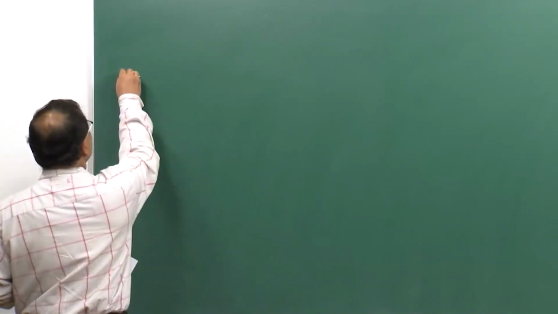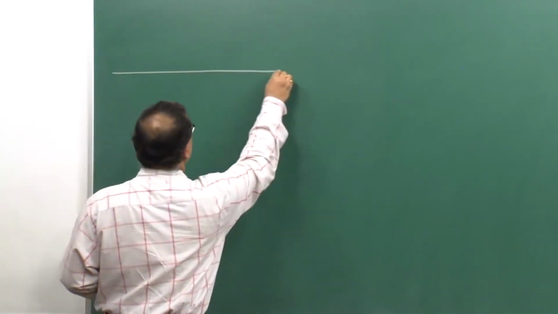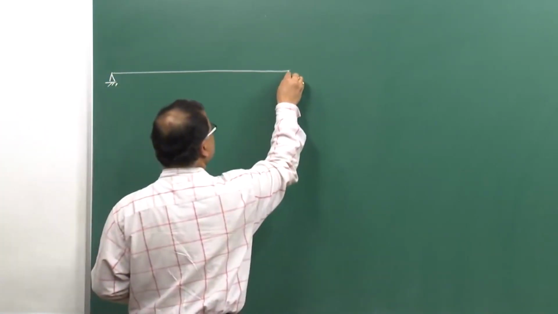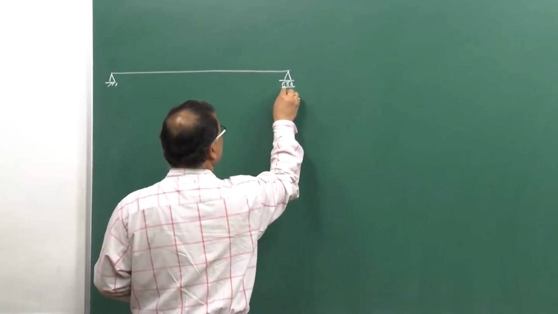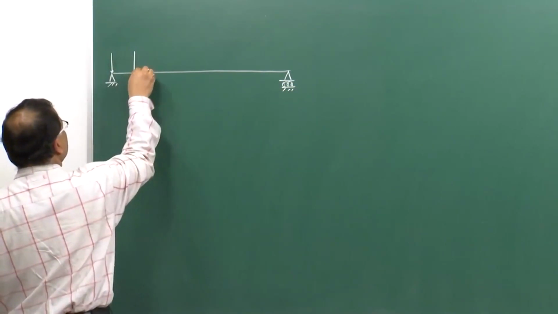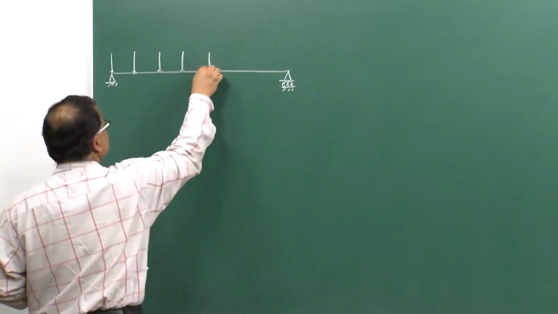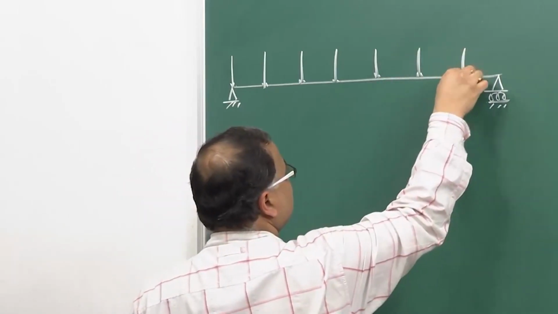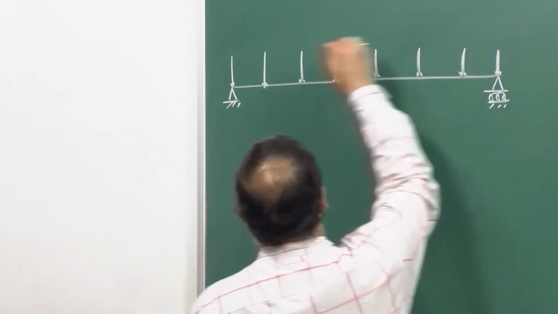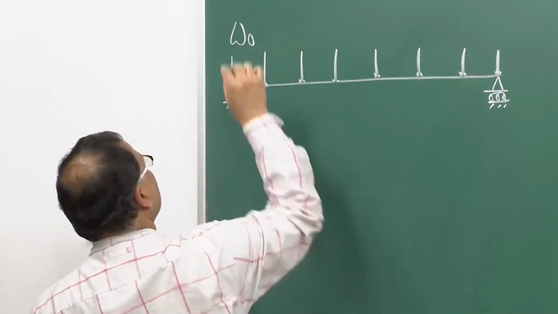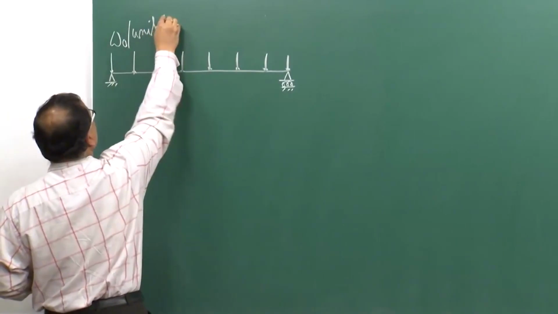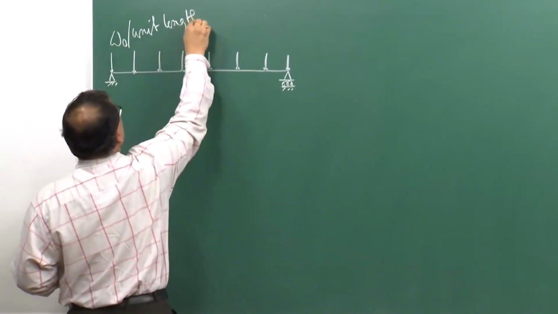The problem is a simply supported beam which is having uniformly distributed load, say W naught per unit length. Okay.